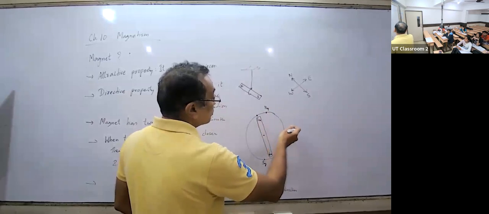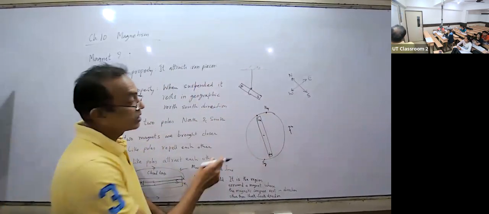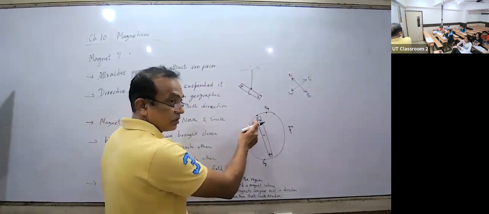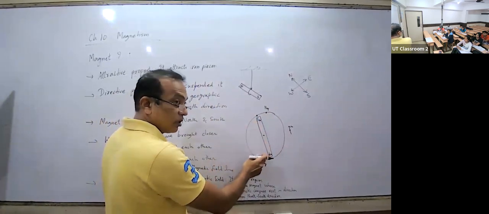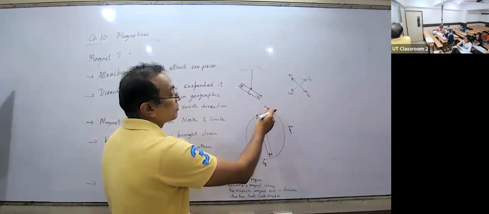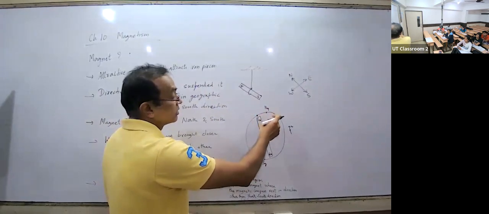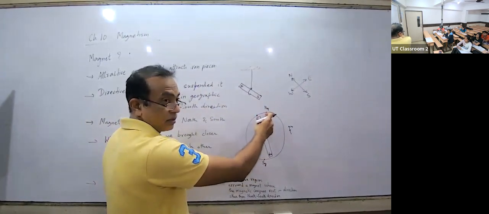And this must be south. So north is pointing towards south. That's why this is magnetic south of Earth, and this is magnetic north of Earth, right? And there is some deviation from the actual geographic north. They don't coincide with each other.